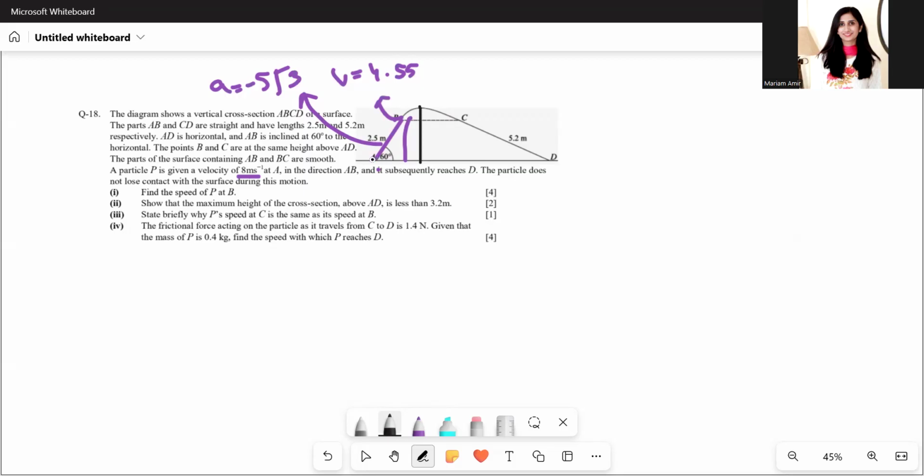If we stretch this line, take it till here, and this angle is 60.